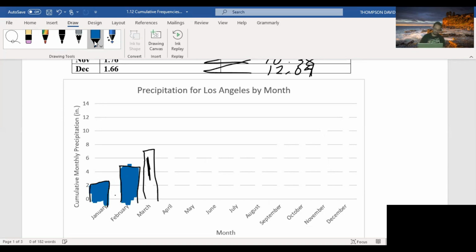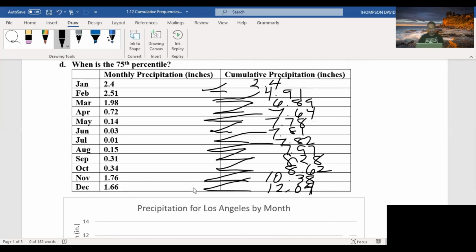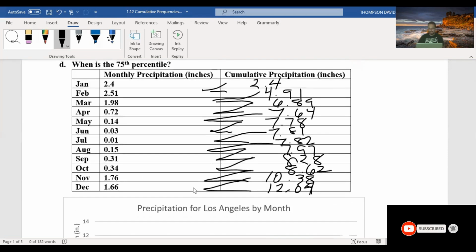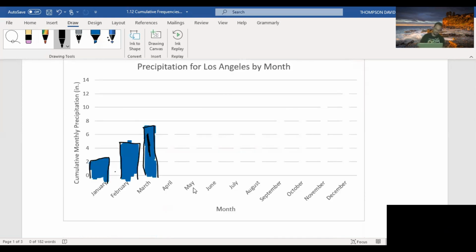Obviously, if you use technology, your bar graph will look nicer than the one I'm trying to draw by hand. Then for April, we got the 7.64. Just a little bit higher, a little bit closer to 8. And we just fill it in.